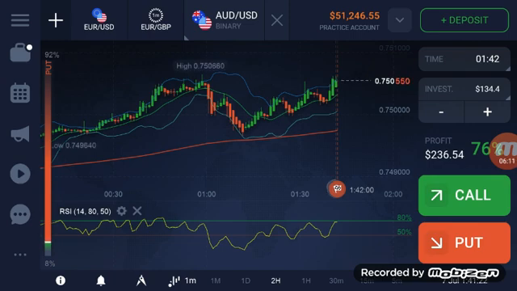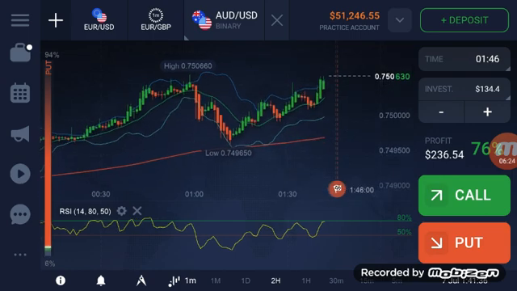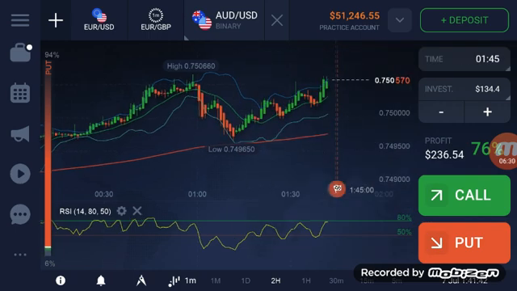This looks like it's coming back down. Gonna go 146. No, 145 down.